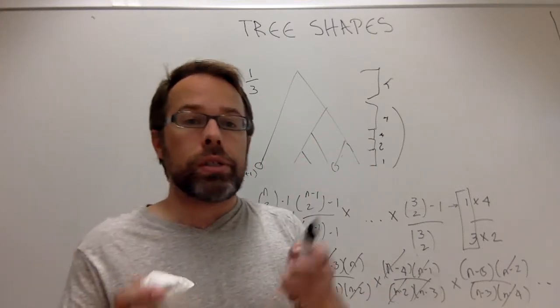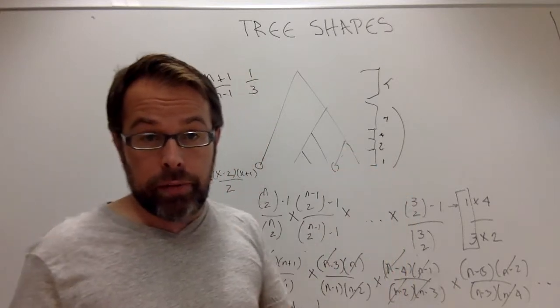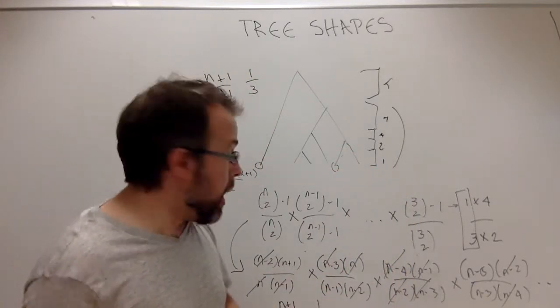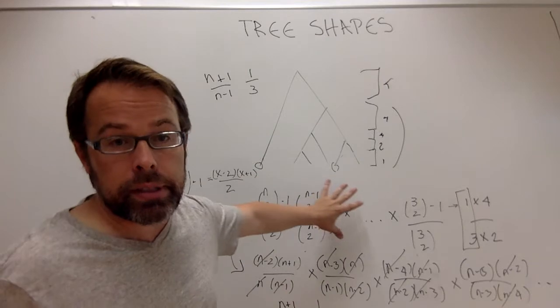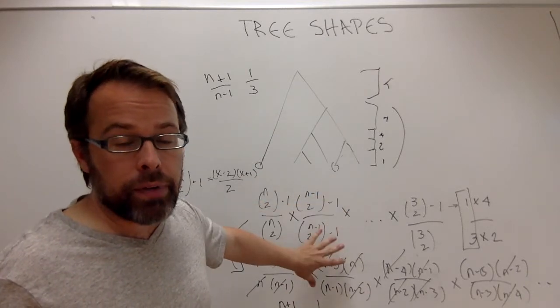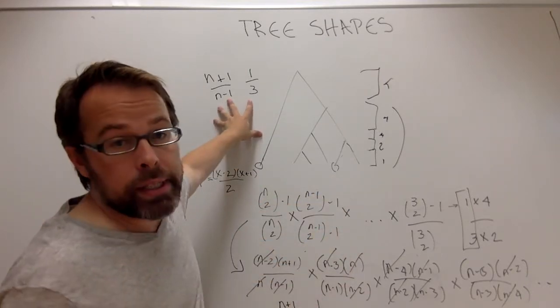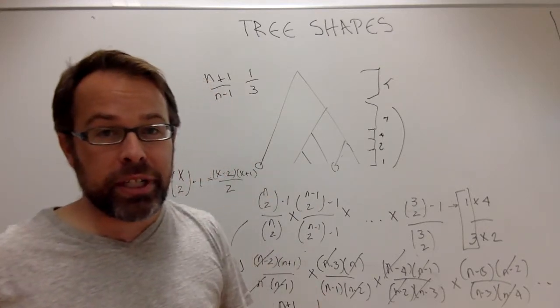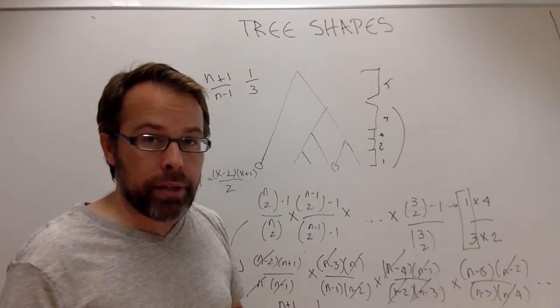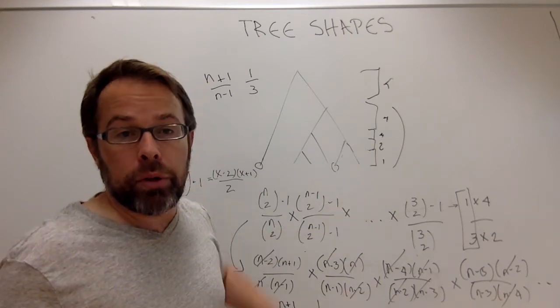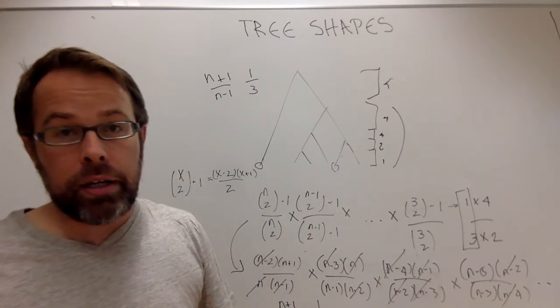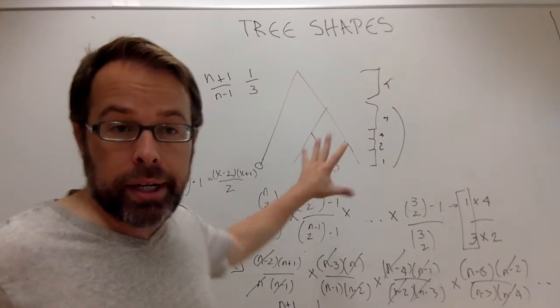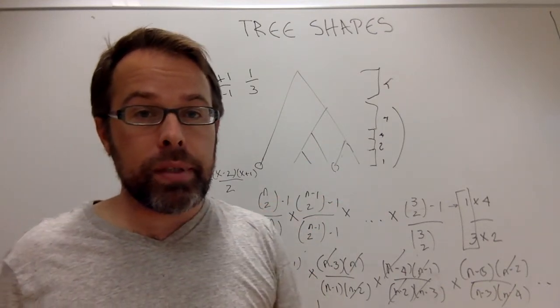Or what's the chance that the relatedness between these two individuals is such and such? And then we can write down some stuff that looks nasty for a minute, and then simplify it, and we often end up with these very simple expressions. So, sorry if I got something wrong here, or if it wasn't particularly clear, but that's the main point of the lecture. And I would suggest that if people want to dig in even more, you could try to do this by yourself and see if you can get through it.